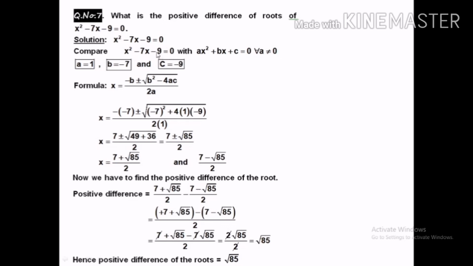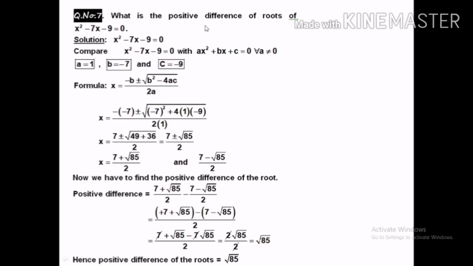So by the quadratic formula we can solve this equation. Comparing this equation with the standard form of a quadratic equation, we get a is equal to 1, b is minus 7, c is minus 9. Putting in the quadratic formula, we get two roots. x is equal to 7 plus root 85 by 2, and x is equal to 7 minus root 85 by 2.